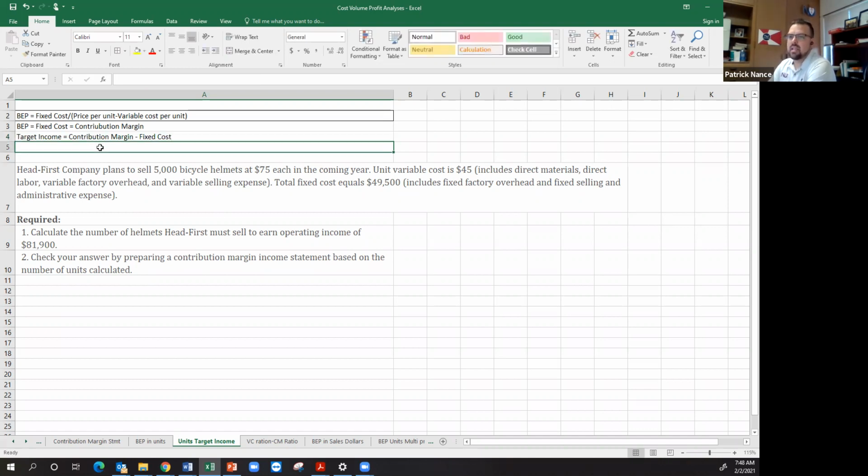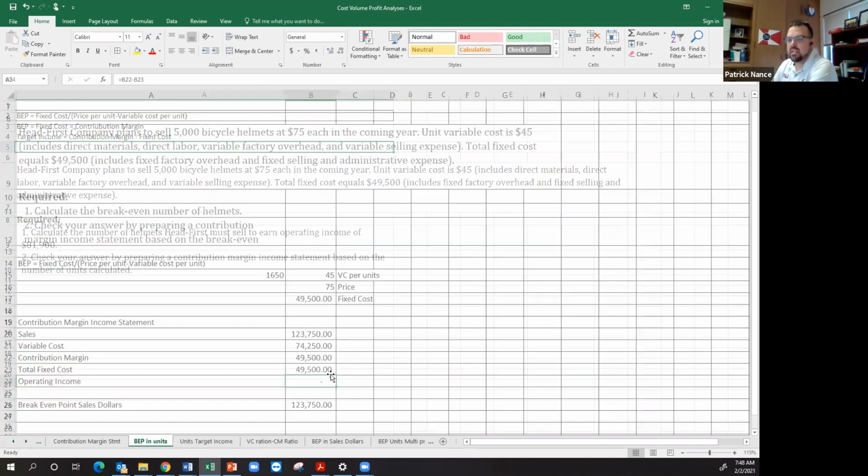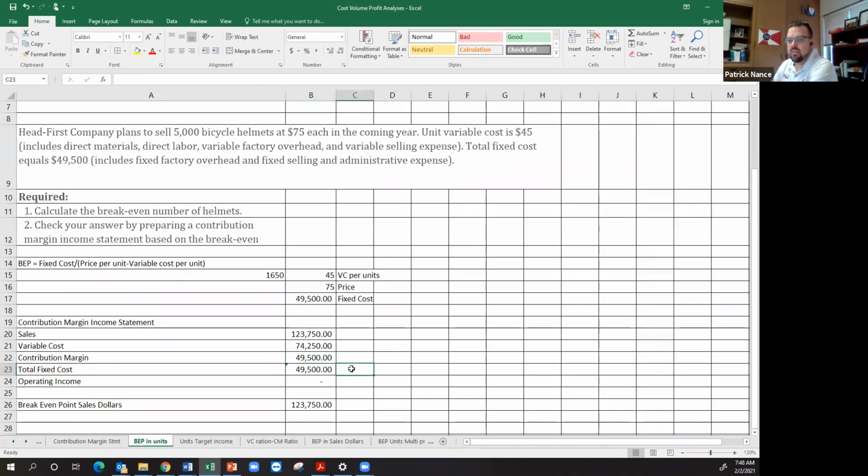So another way I could say this is that my contribution margin needs to be higher by exactly the amount of my target income. Whatever my target income is, I need that amount. This 49.5 needs to be higher by exactly that amount.